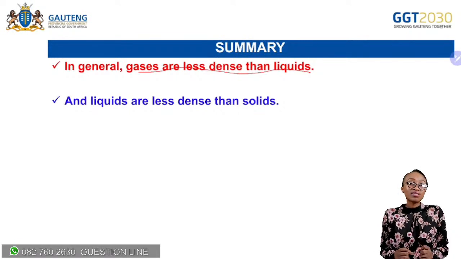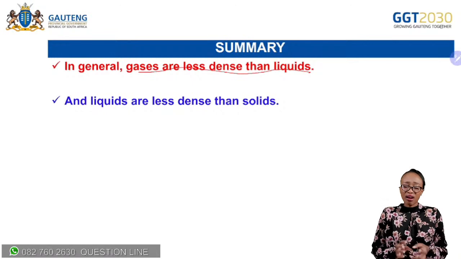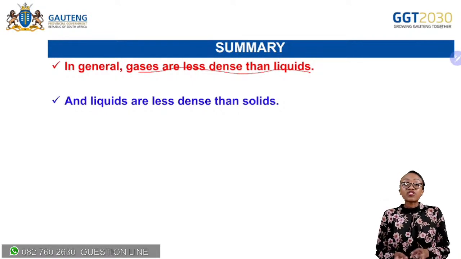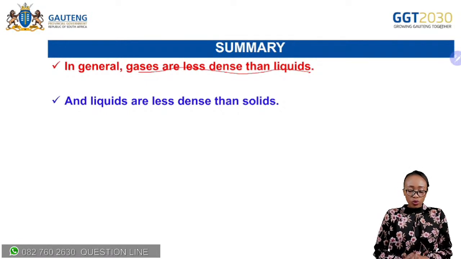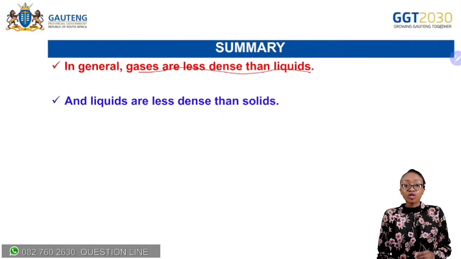The particles in a solid are in a fixed, rigid position. They can just vibrate around that locus. Okay, so those are the differences. The liquid having more spaces in between means fewer particles.